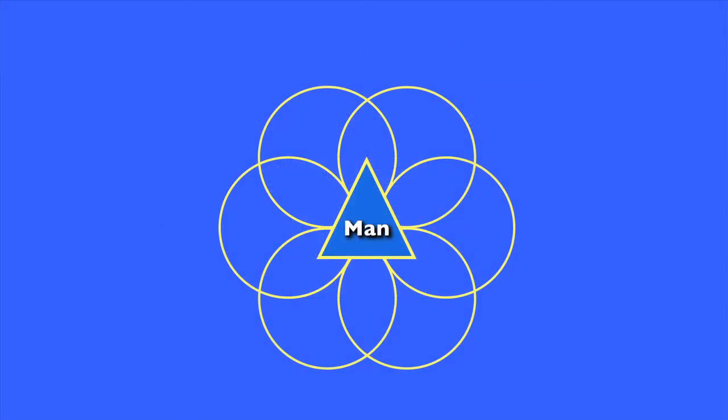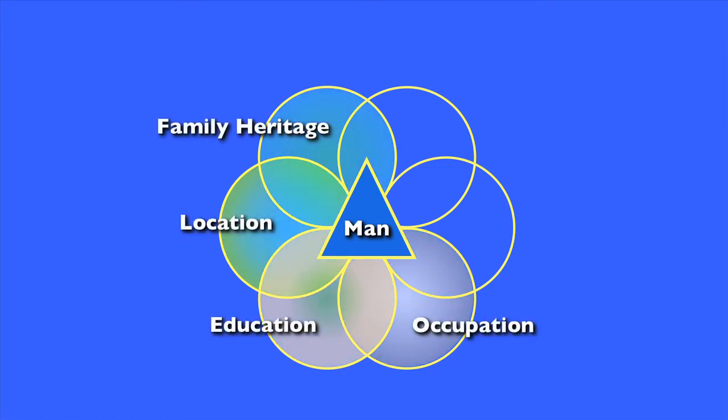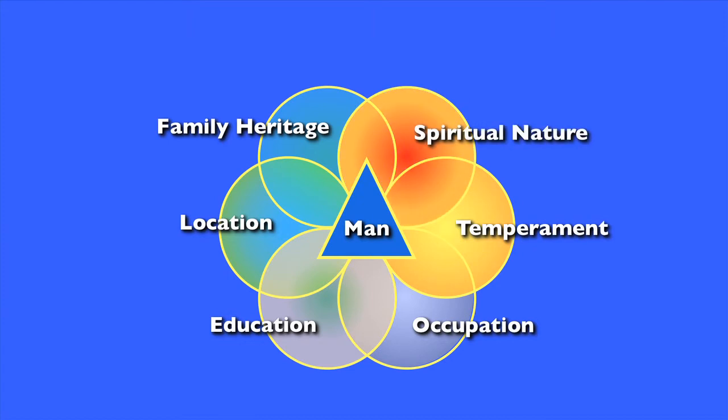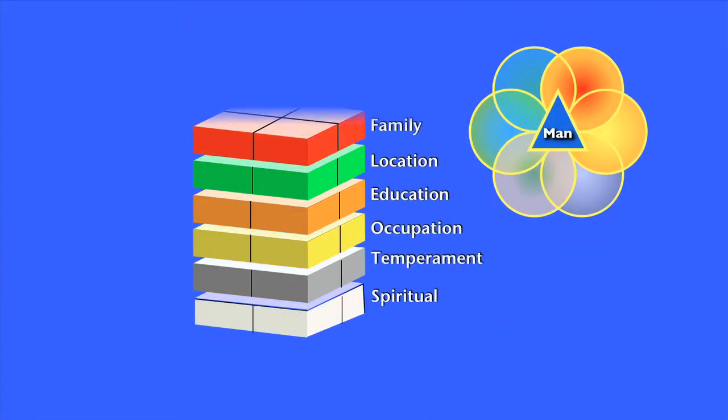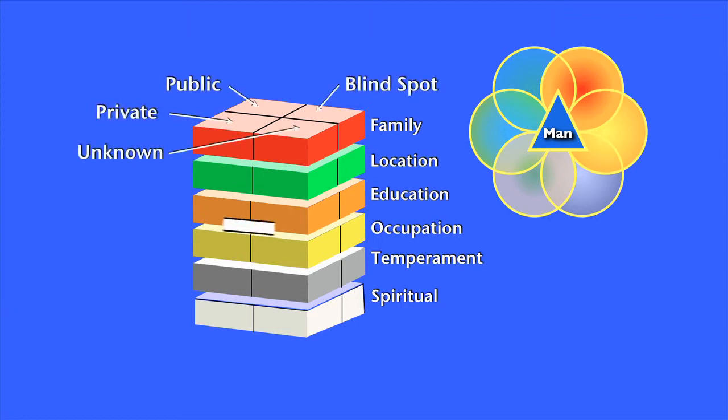Do you remember the areas that influence your information processing? If you were to stack the areas, they'd look something like this. We would have a multi-level object. Each layer has its public, private, blind spot, and hidden areas.